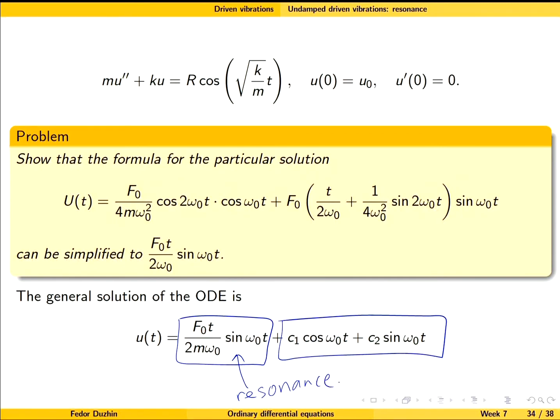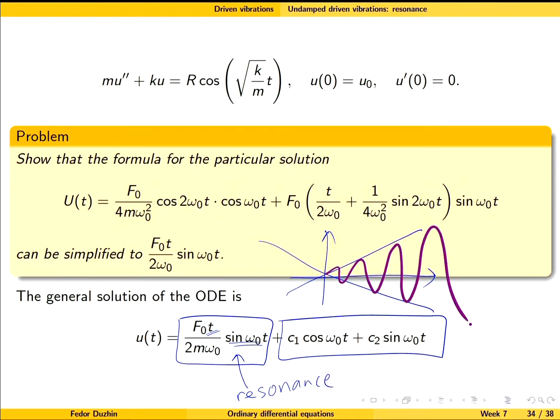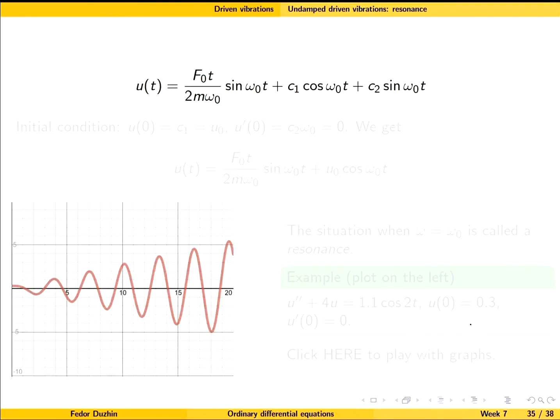So why does it cause the resonance? Because what you have here is a linear function times a trigonometric function. You can imagine that if this is our linear function, and this is minus the linear function, then if you multiply them together, you're going to have oscillations of increasing amplitude. And this is what actually happens.